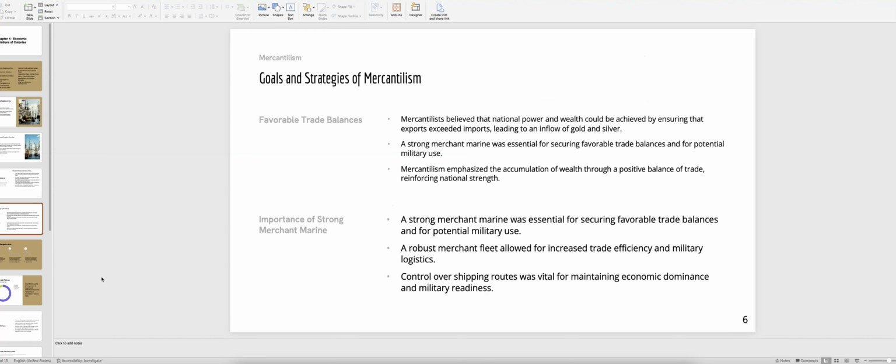But what that means for us too is that the United States emerges as an independent country after winning the Revolutionary War, and the establishment of Washington as president in 1789.